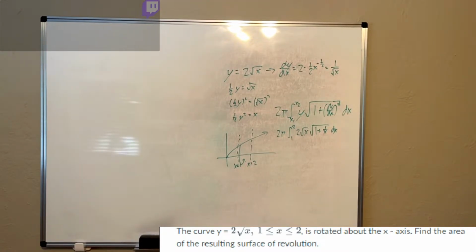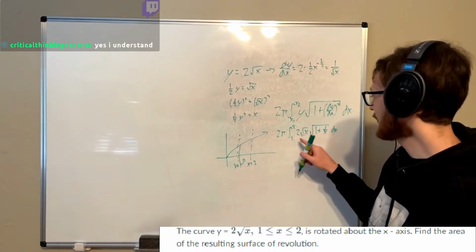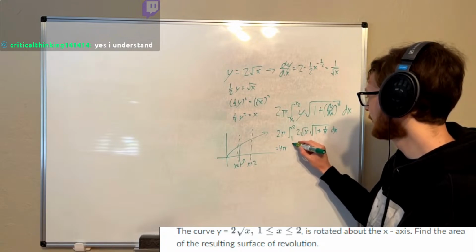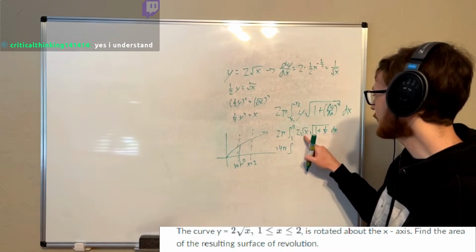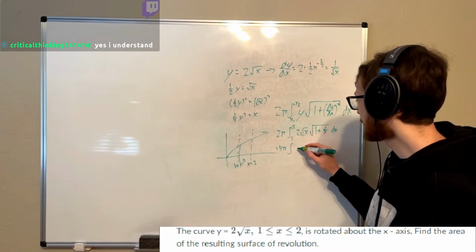Okay. So if I go through this integration, I'm going to bring the 2 out front to make it 4 pi. And when I have a square root times a square root, let's make them share a square root, because that's allowed by properties of exponents.